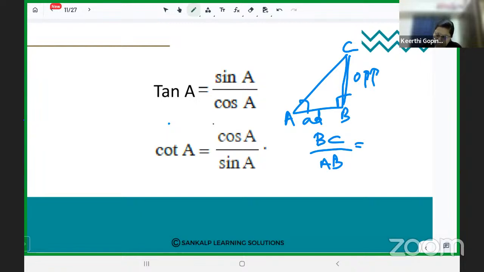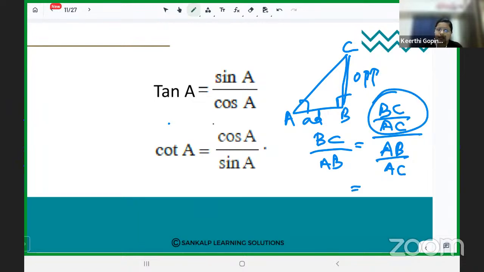And I'm dividing both BC and AB by AC. BC by AC is opposite by hypotenuse, since AC is the hypotenuse and BC is the opposite side. What is the trigonometric ratio? It is nothing but sin A. Sine of angle A is shortened and written as sin A. So BC by AC is nothing but sin A. Is that clear to you all?